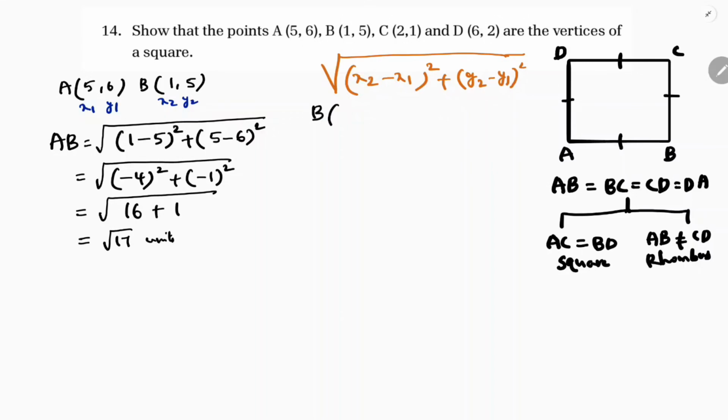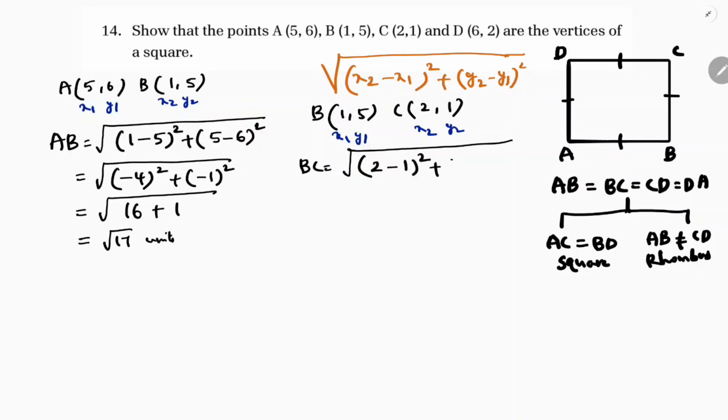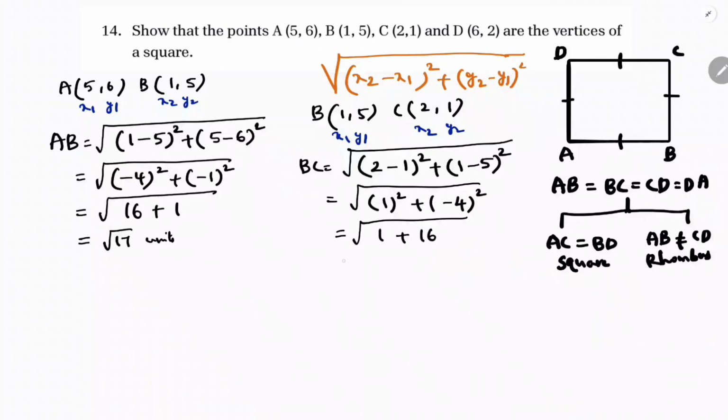Now I'll find BC. B is (1, 5) and C is (2, 1). Substituting the values in the formula: (2 minus 1) whole square plus (1 minus 5) whole square. 2 minus 1 is 1, squared is 1. 1 minus 5 is minus 4, squared is 16.